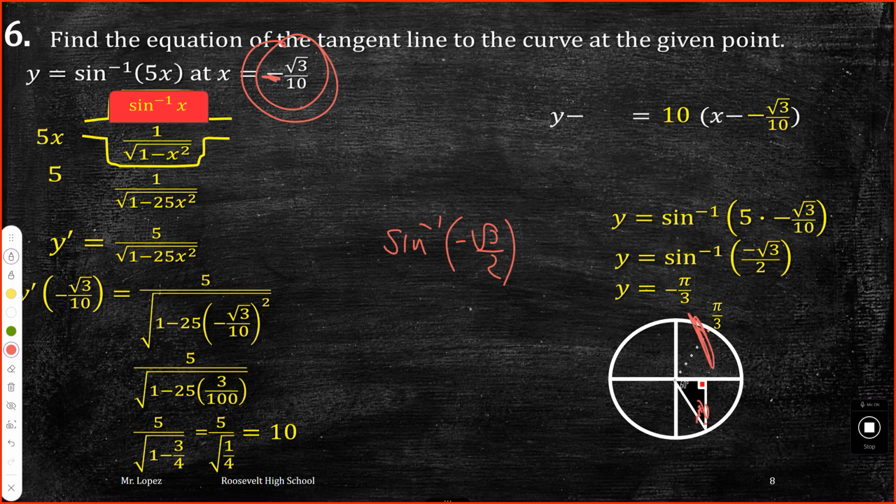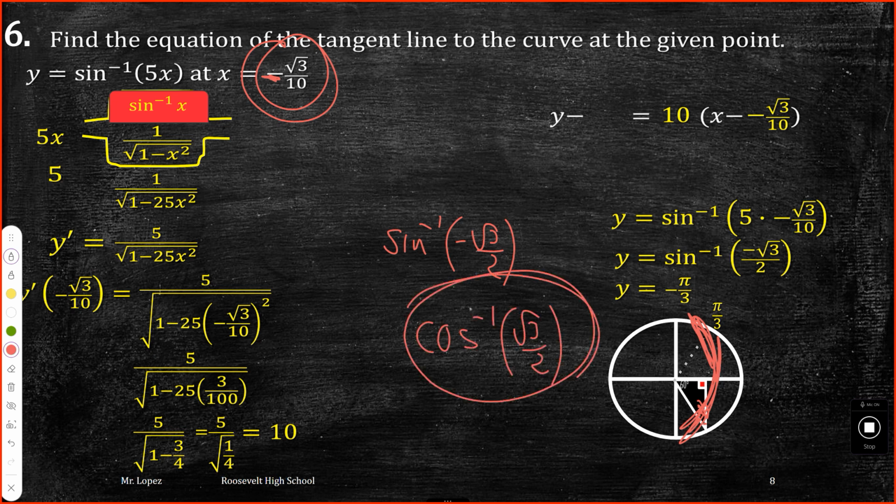Yes, sir? Because when it comes to sine, it has to be unique in its solution, because sine inverse could have an infinite amount. To cut the solutions, for sine they will be found on this. And say for example, what is cosine inverse of root 3 over 2? It would either be here or here, one of these.